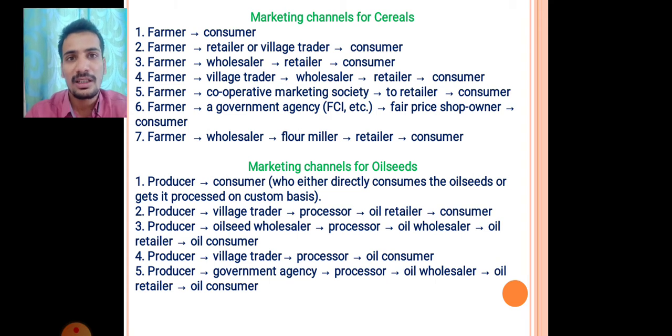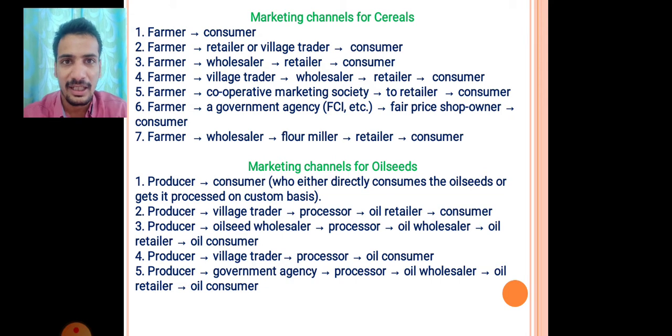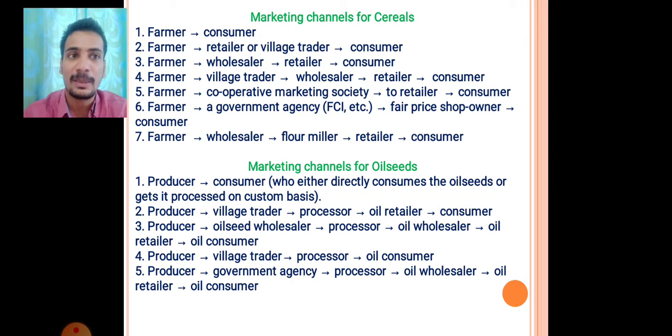So who is the closest middleman to the consumer? That is the retailer, as we discussed in the last lecture also. Then the sixth channel, farmer to a government agency, that is FCI or any other agency, then the fair price shop, since in every village there is one fair price shop, and then from the fair price shop to the ultimate consumer.